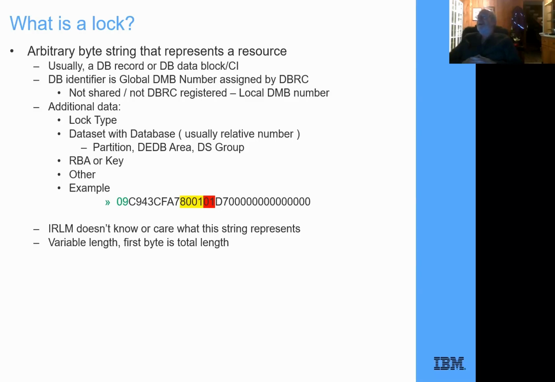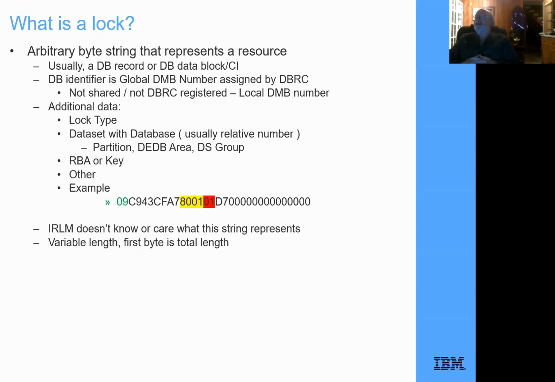The DB identifier is a global DMB number that's assigned by DBRC when you register the database to DBRC. If you're not in data sharing or the database is not DBRC registered, the database identifier is the local DMB number, which is essentially the sequential number of it in the sysgen or the import that created the database.